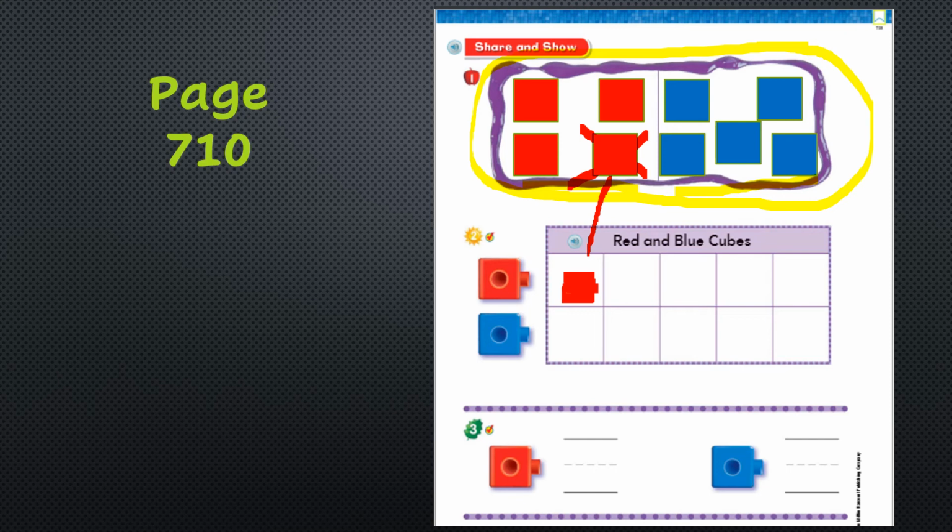Or you can count 1, 2, 3, 4 red squares, and you know you have to do 4 red squares, and you can just count 1, 2, 3, 4. All right, so go ahead and I'll work on mine. You work on doing your red and blue squares in your frame. I'll do mine, and I will meet you back here in just a second, and we will look at it together.